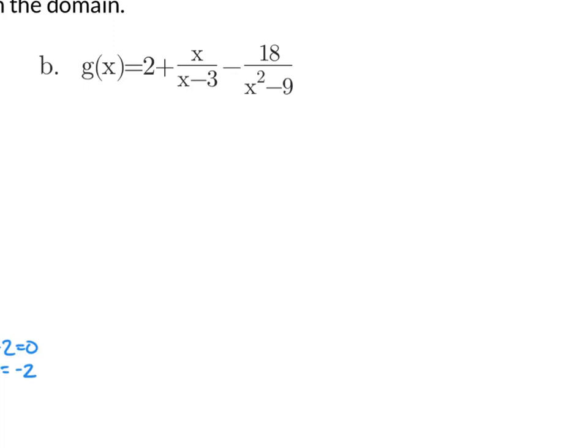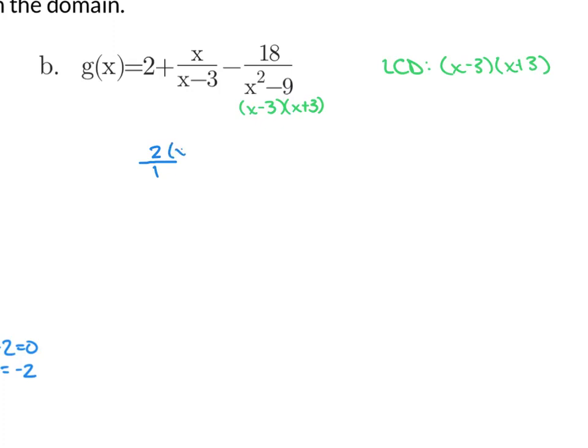So the first thing that I want to do is factor x squared minus 9. This is difference of squares, so this is going to be x minus 3, x plus 3. So my LCD is x minus 3, x plus 3. Okay, so now let's go ahead and rewrite everything with this denominator. We get 2 over 1.